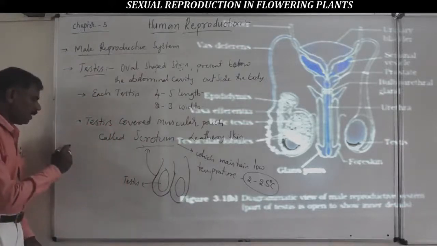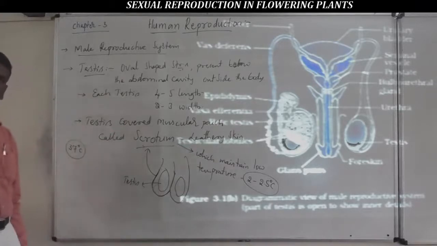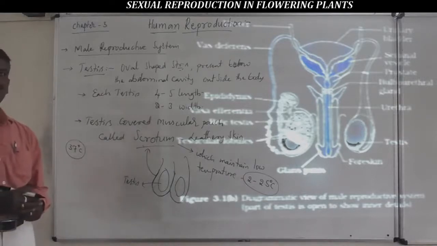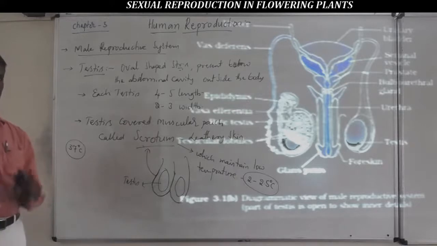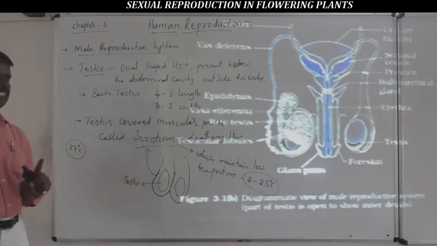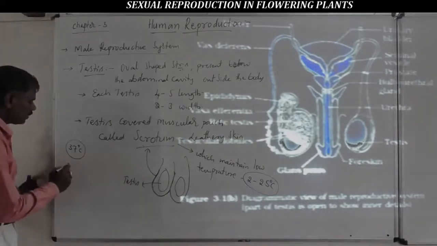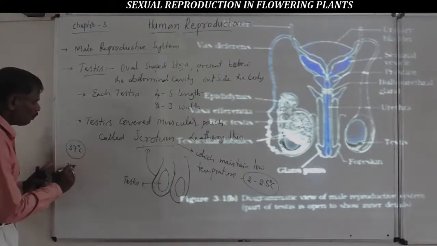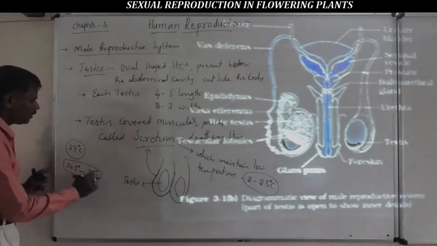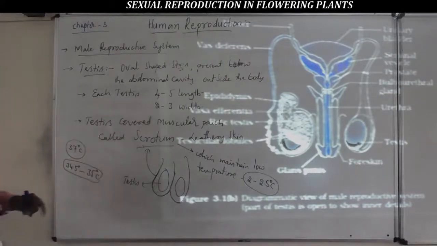For example, the normal internal body temperature of a healthy person is 37 degrees centigrade, whereas around the testis there is 34.5 or 35 degrees centigrade.